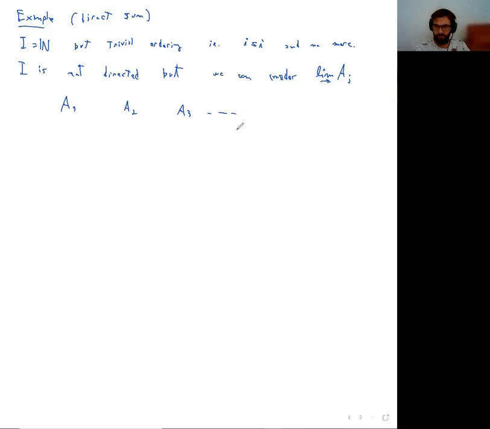It's just all of them. And each of them then has a map to this limit. So maybe I should draw this. And here we have our B, and this is factoring these maps.